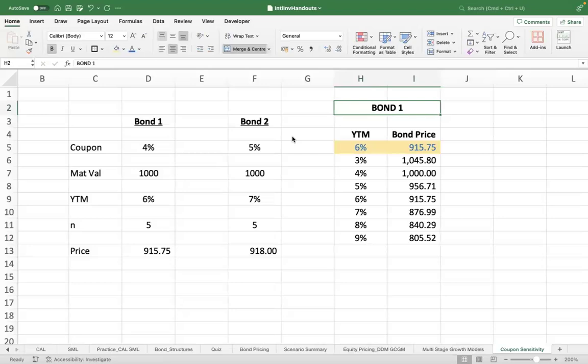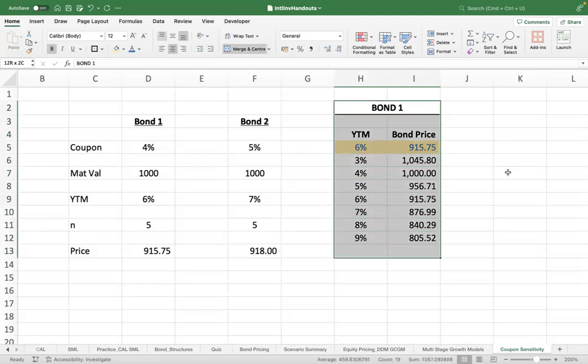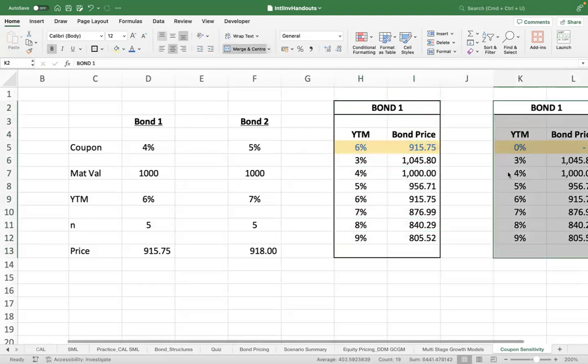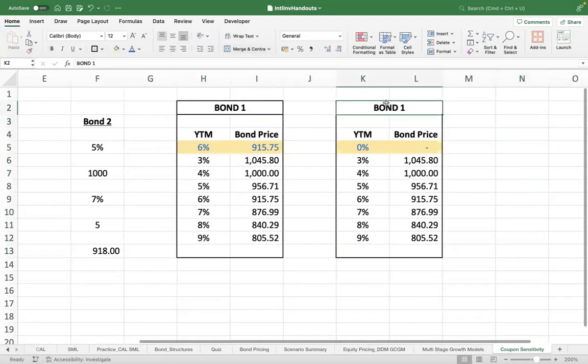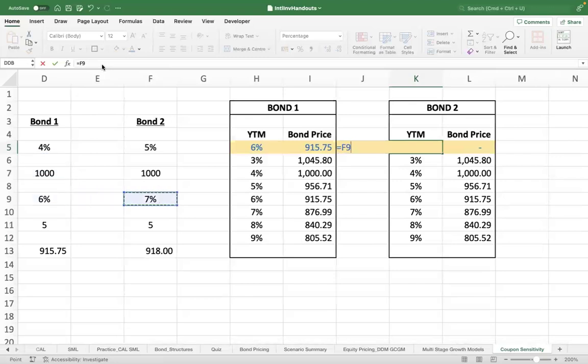Correct? Just a simple data table. Then we will do the same thing for bond 2. You can have a look at this one also. So bond 2, again, my YTM is from here and this is my price.